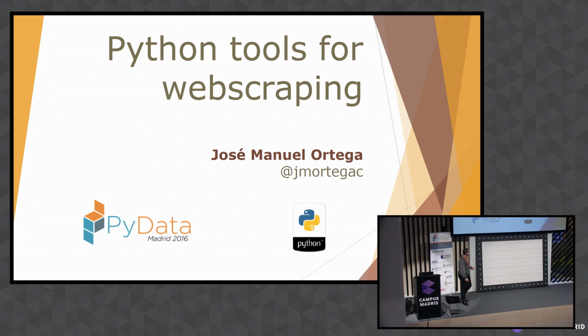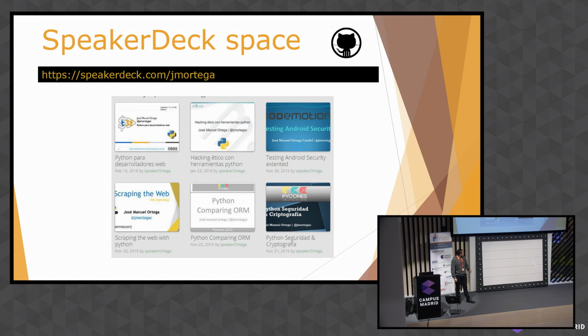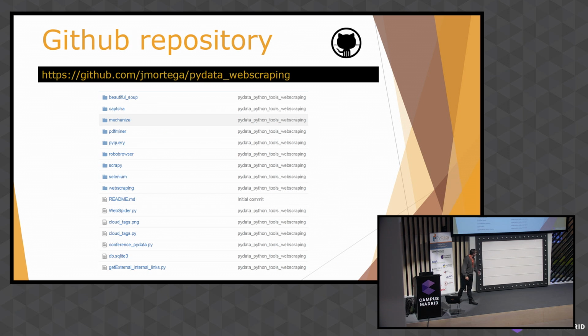Now we are talking about the main tools we have in the Python ecosystem for web scraping. In my speaker repository, you can find other talks that I have on Python, some related to security, web development, hacking, ethical hacking, and so on. The samples I will show in this talk are available in my GitHub repository.